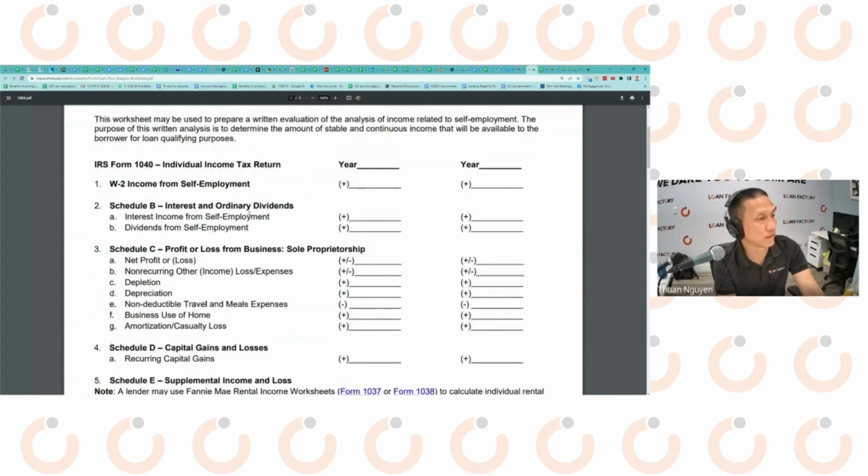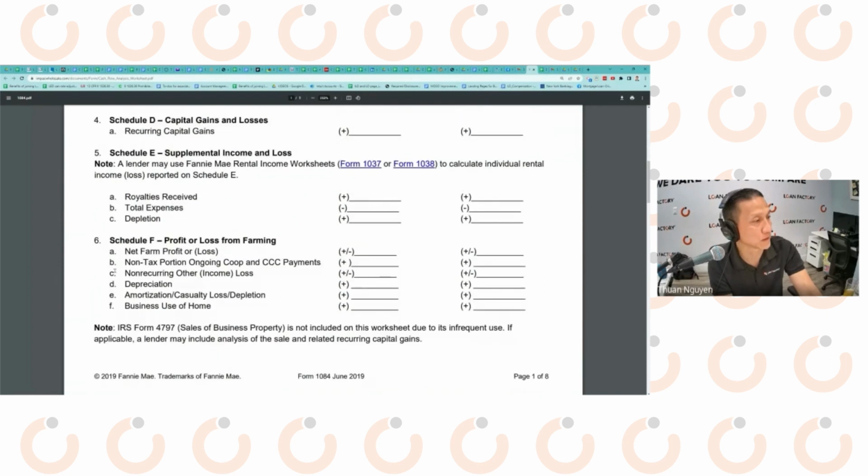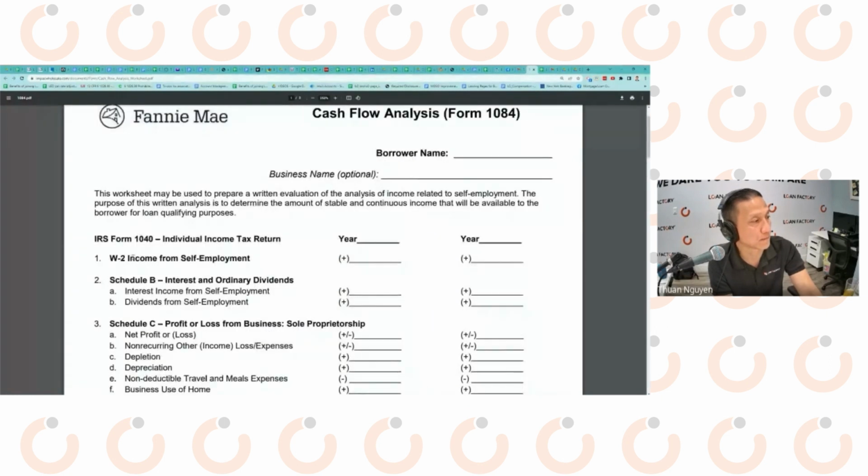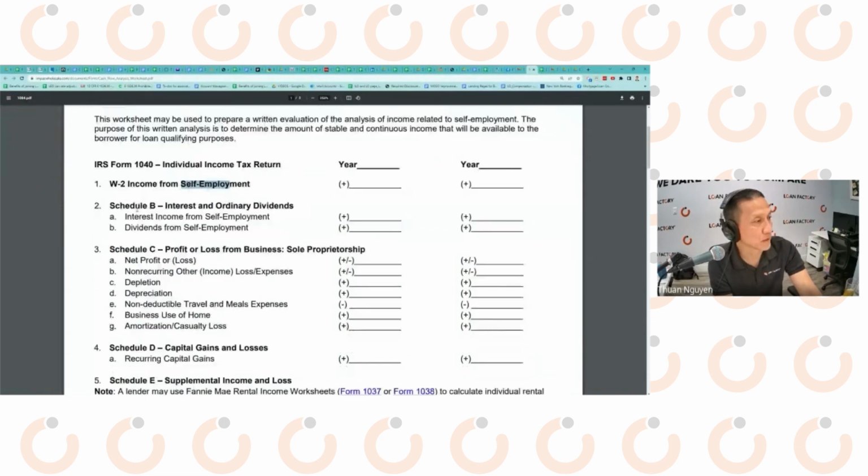And then if they have dividends, they put it here. So when you do a loan, in order to calculate total income, here are all the possible income: 1, 2, 3, 4, 5, 6. Income from work or self-employment. Income from dividends. Normally interest is hard to qualify, but you can.